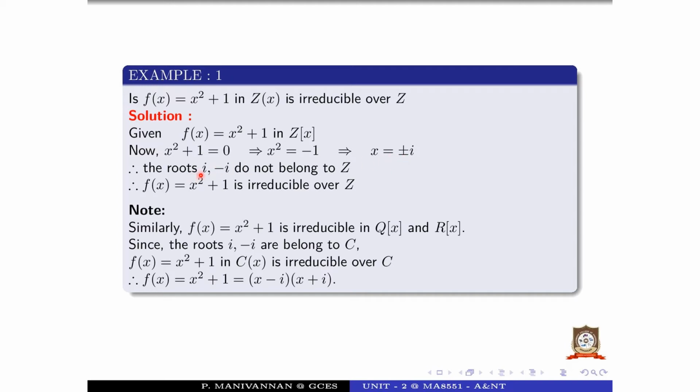Therefore, the roots i and minus i do not belong to the ring Z. So the polynomial is irreducible over Z.